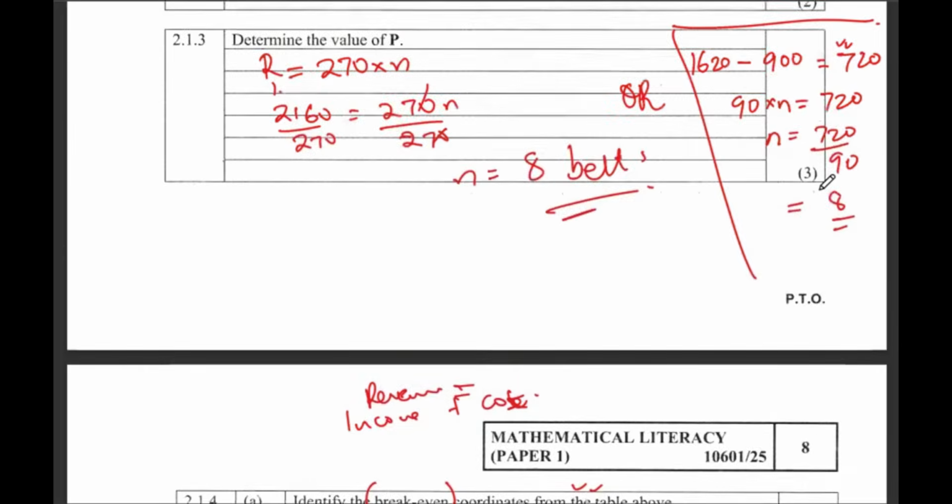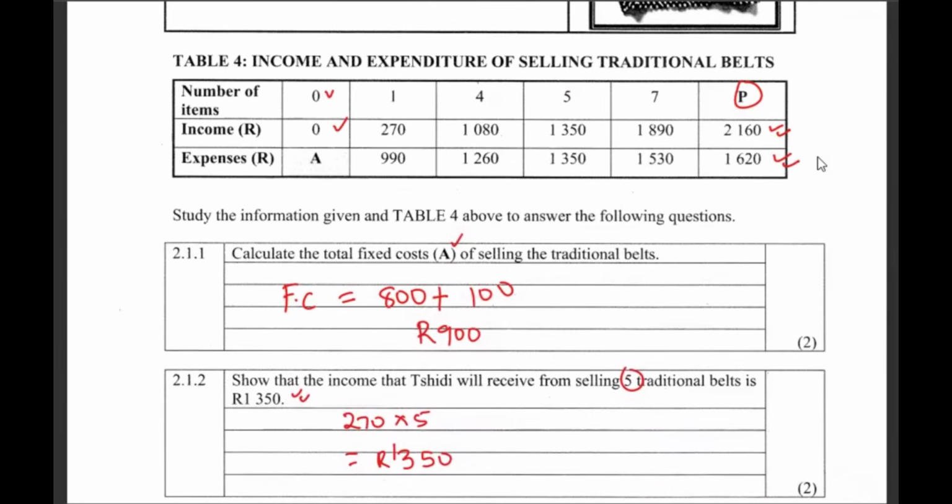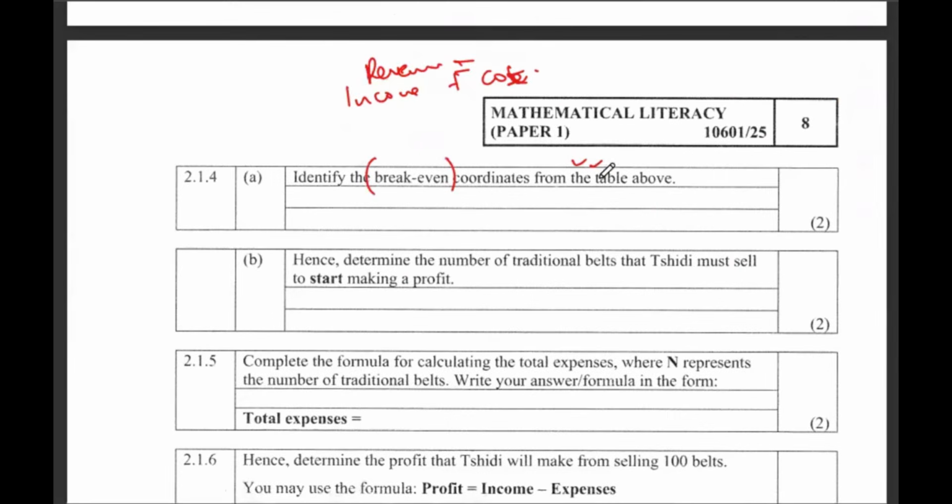Okay, so they're telling us there is an answer in the table. Is that true? Yes, the answer is here. So which is 5 and then 13, because the income and expenses are just the same. So they want the coordinates, which is going to be 5 belts and then 13, 15.